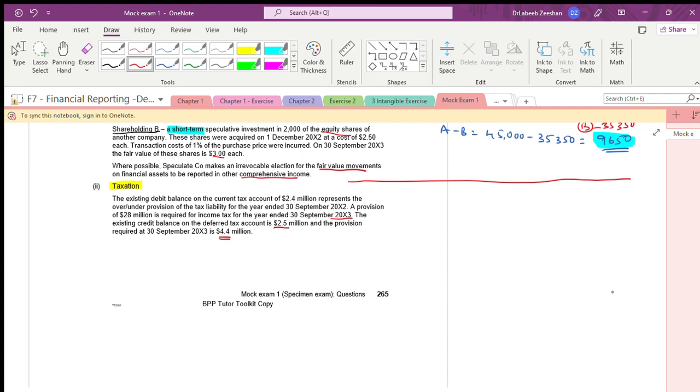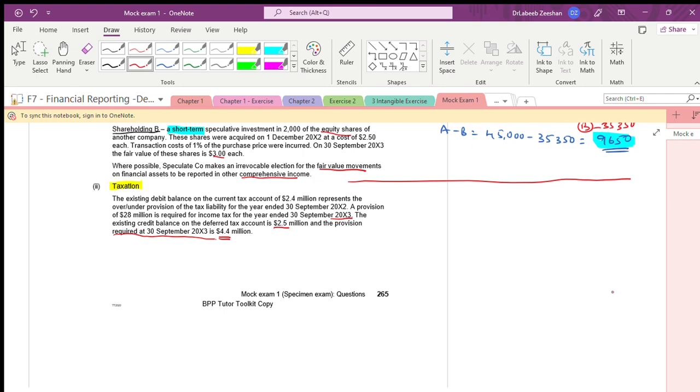The existing credit balance of the deferred tax account is 2.4, and the provision required is 4.4. In that 4.4, they have already provided 2.5.